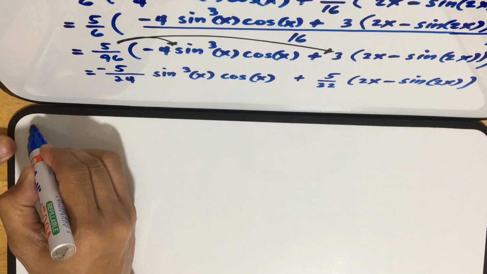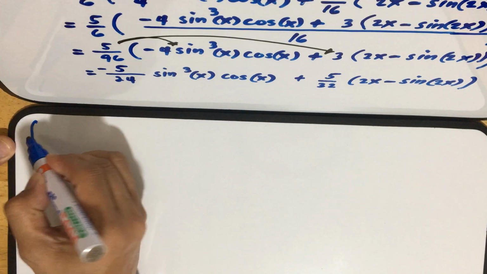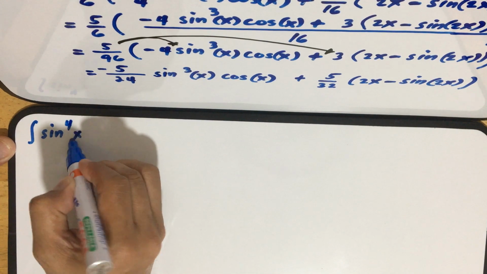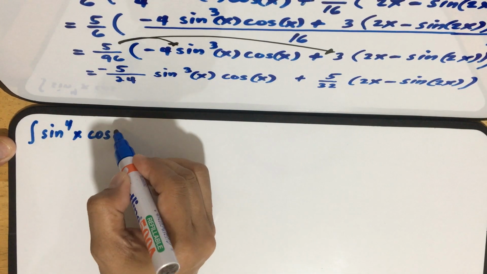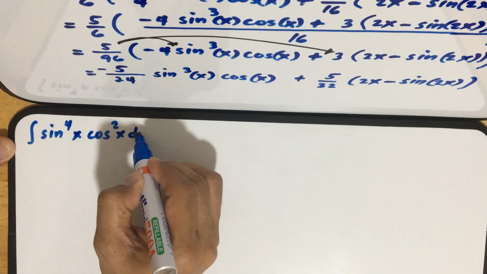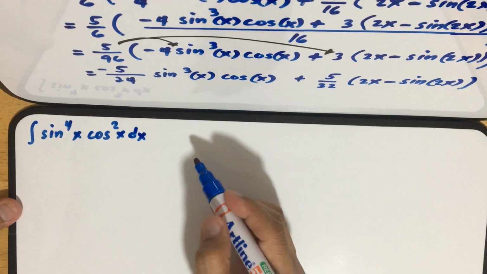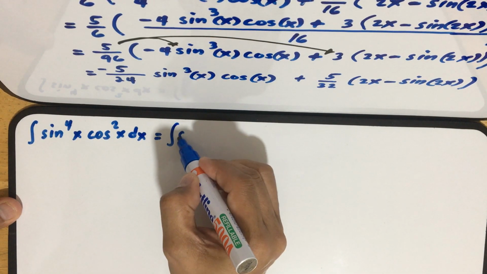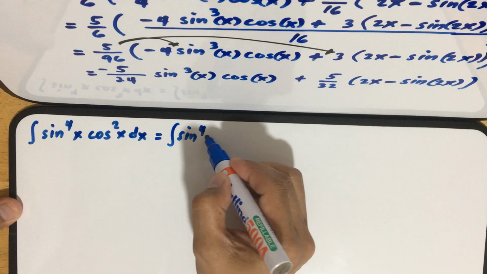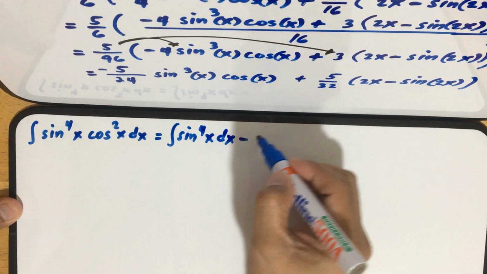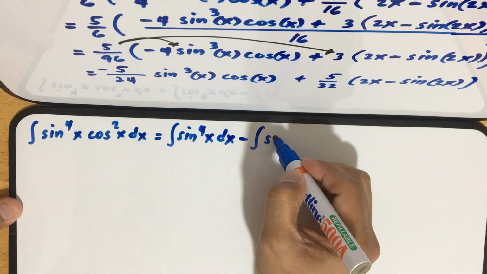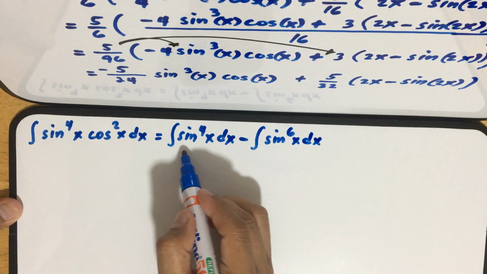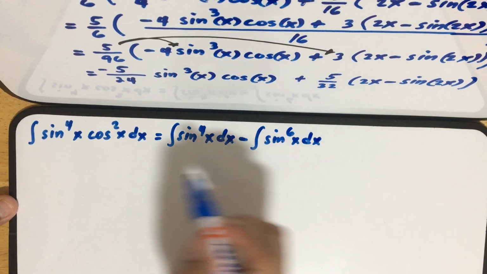Our given problem is the integral of sine to the 4th x cosine squared x dx, which is equal to the integral of sine to the 4th x dx minus the integral of sine to the 6th x dx. And we have solved these already, and now let's substitute.